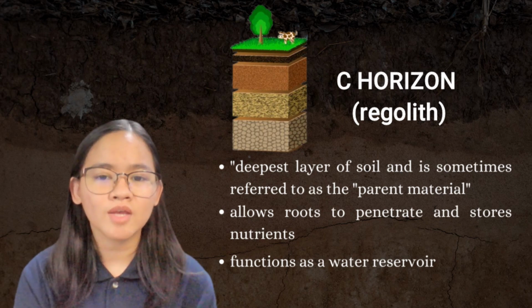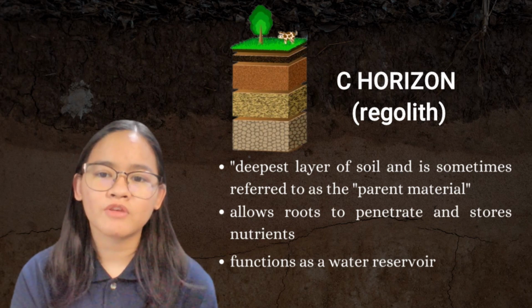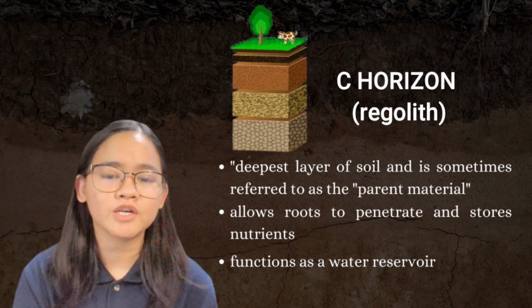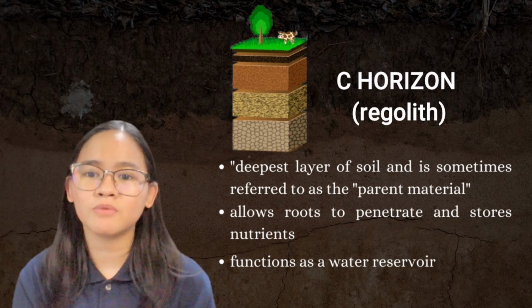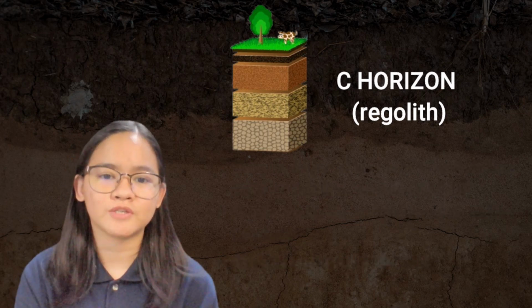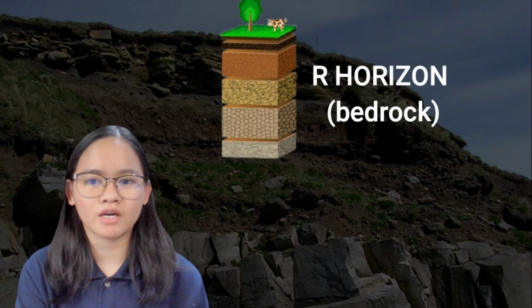But nonetheless, because it serves as the basis for the other soil layers, the texture and composition of the C horizon can have a considerable influence on the overall health and fertility of the soil. In addition to these 5 primary layers, some soils might also have an R horizon or bedrock.